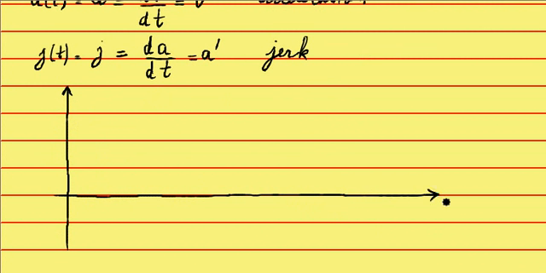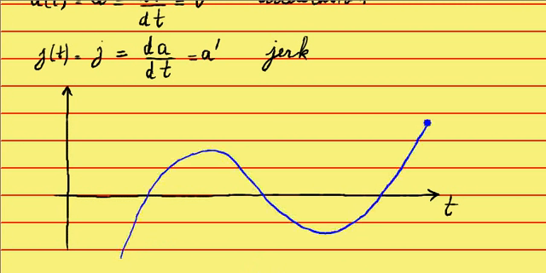I'm going to take this to be time, and then record the location of an object as a function of time on this curve. So here is some curve. So let's call it S. S is a function of time. So one item we are showing in this axis is S.